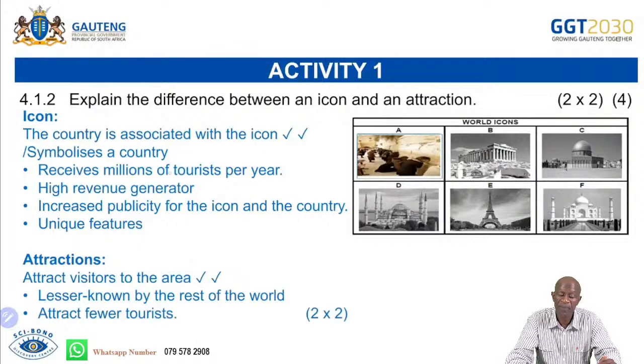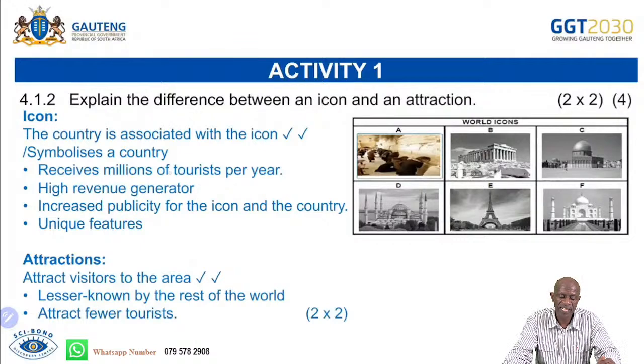you 2 marks. And as we further give the features of an icon, you'd say it receives millions of tourists a year. So it is the most visited place in 1 year.